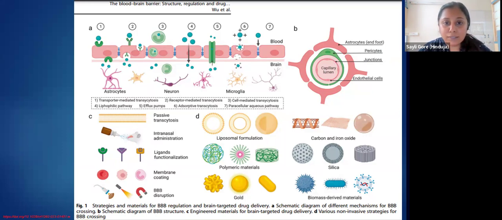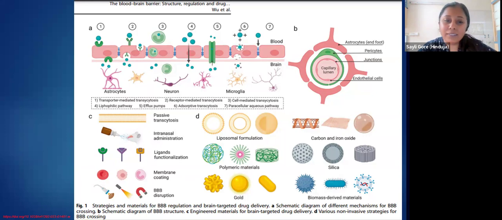But because of these very protective barriers and very inhibited transport, some engineered materials for brain-targeted delivery have been developed. One is administration. Then there are some formulations that come with liposomal or polymeric materials that easily go into the brain.